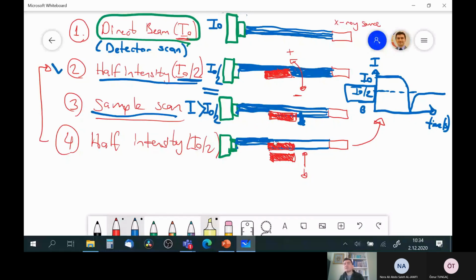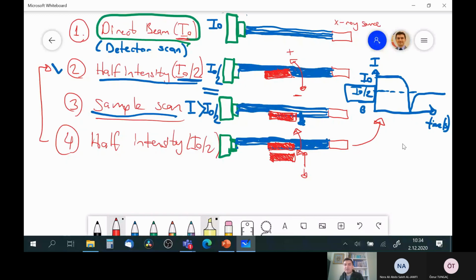And we think that the sample is exactly parallel to the beam, but it is better to repeat the sample scan here, okay? So you change the position of the sample in positive and negative direction again. You carry out another sample scan.